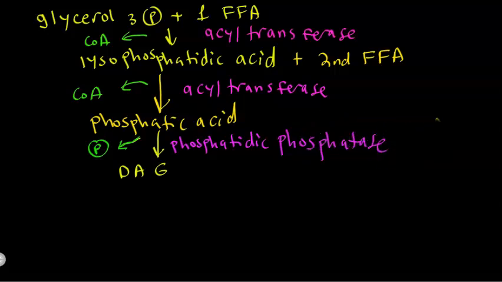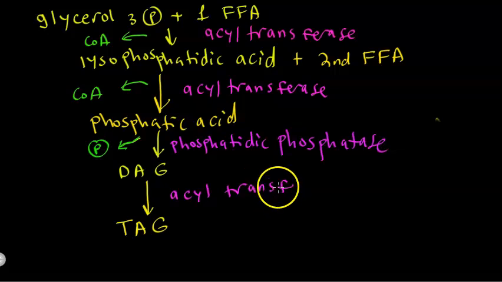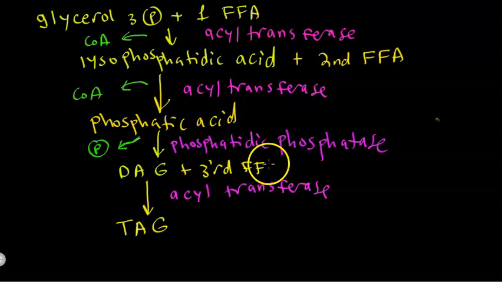And in the very last step, we're going to add our very last fatty acid to the diacylglyceride to form our triacylglyceride. And the enzyme responsible for this is not really a surprise. It's again going to be our acyl transferase. And this enzyme in the last step is going to add our third fatty acid. So let me actually put that here. Plus third free fatty acid to form our triacylglyceride.